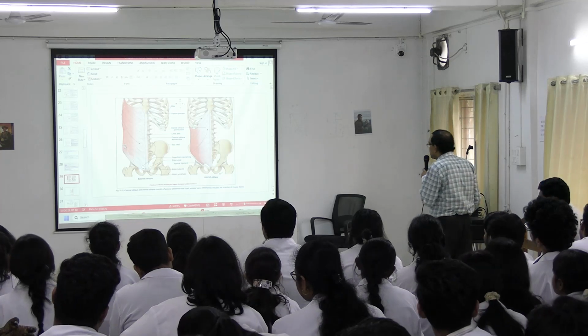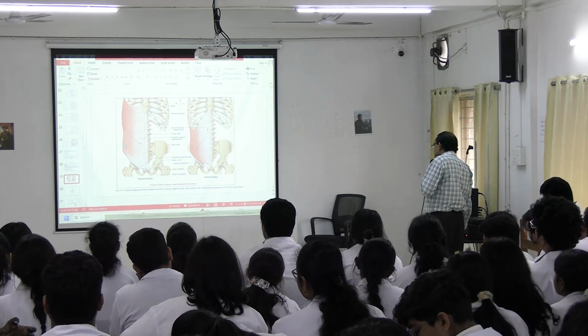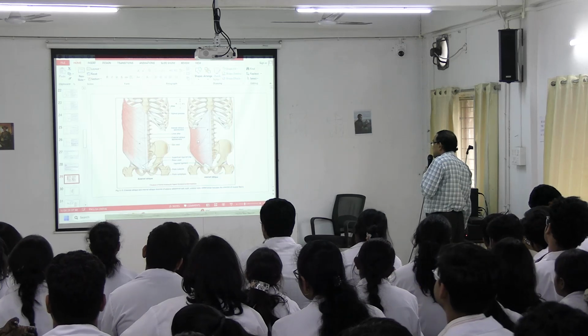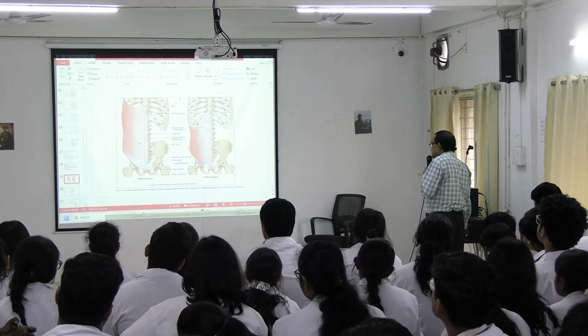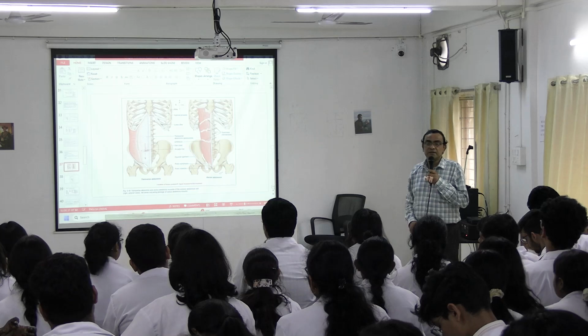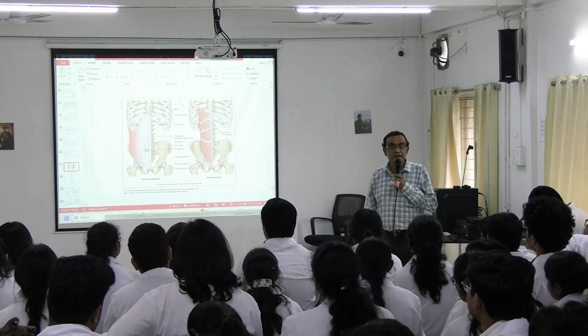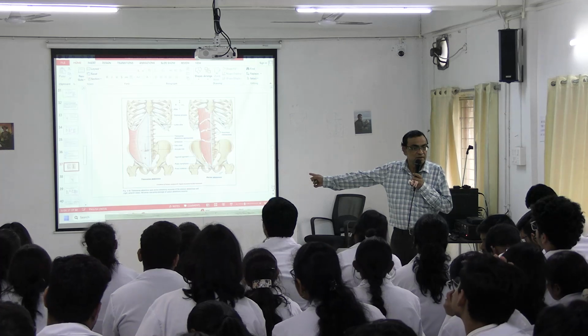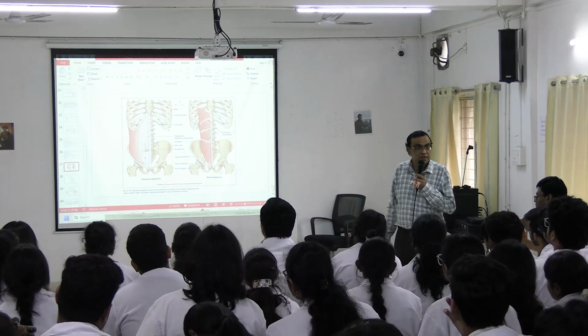In this figure we can see the fibers just opposite to it, the internal oblique muscle. And in this figure we can see the rectus abdominis muscle, originating from the pubic crest.